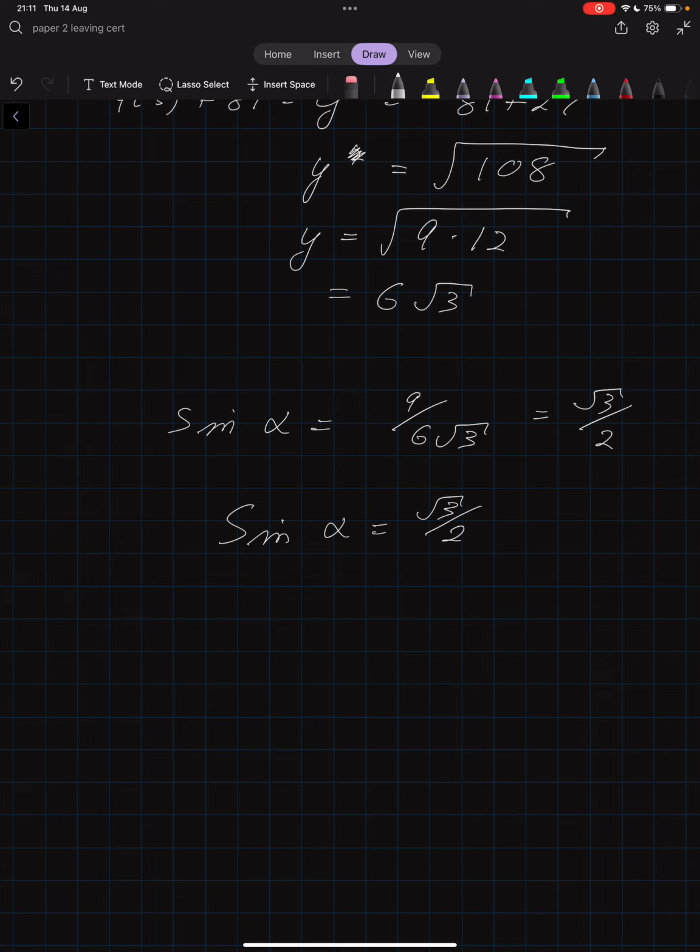You take sine inverse on both sides. So, sine minus 1 of sine alpha equals sine minus 1 of root 3 over 2. If you plug the thing on the right into your calculator, the sine minus 1 of root 3 over 2, you should get 60 degrees.